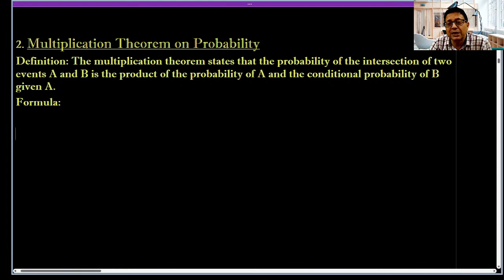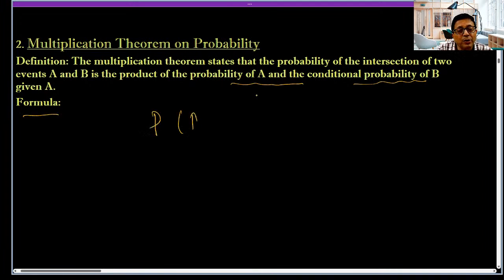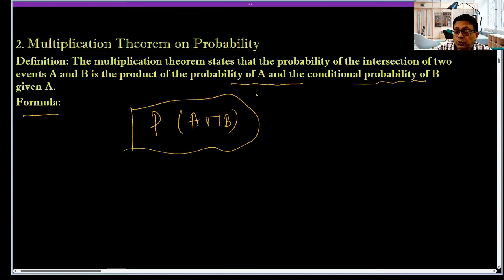Multiplication theorem of probability states that the probability of the intersection of two events A and B is the product of the probability of A and the conditional probability of B by A. This is actually the probability of joint occurrence of two events, P(A∩B). In class 11 you did it in terms of the formula P(A∪B) = P(A) + P(B) − P(A∩B).